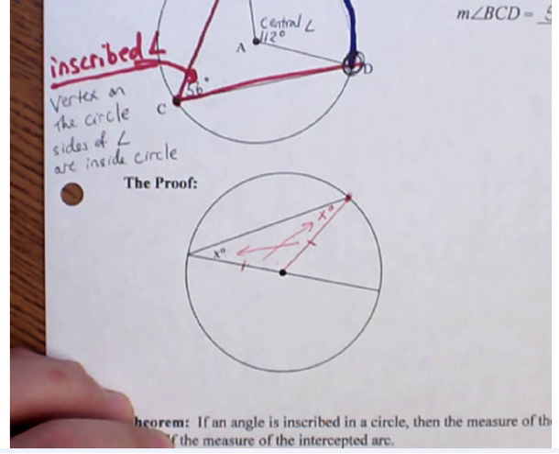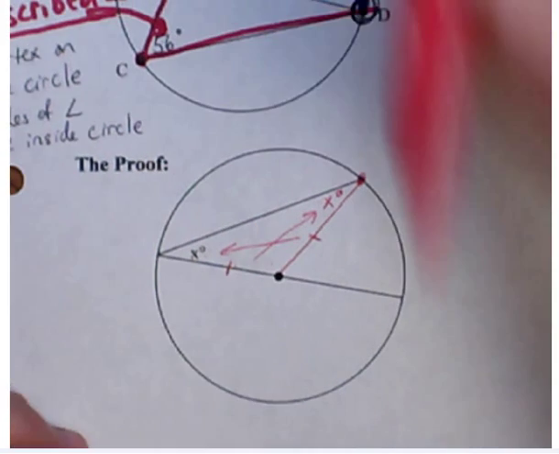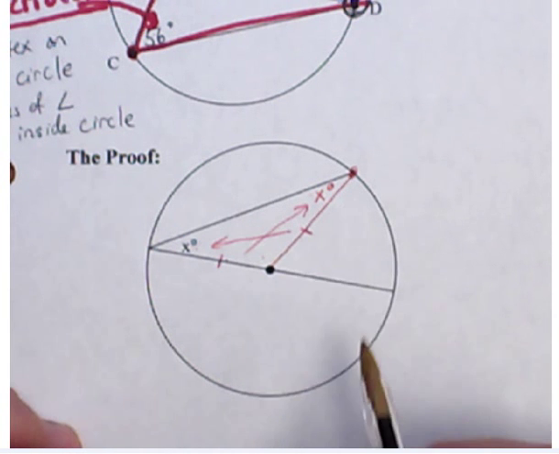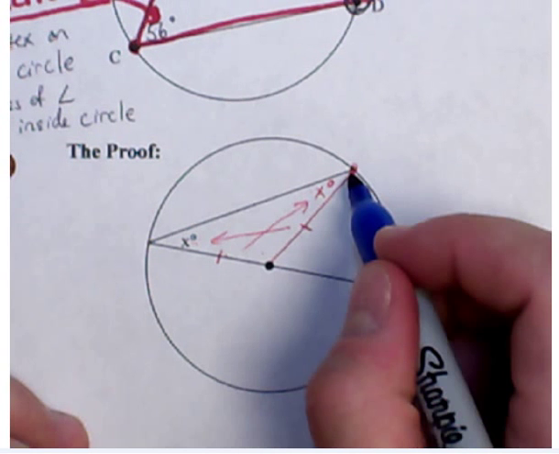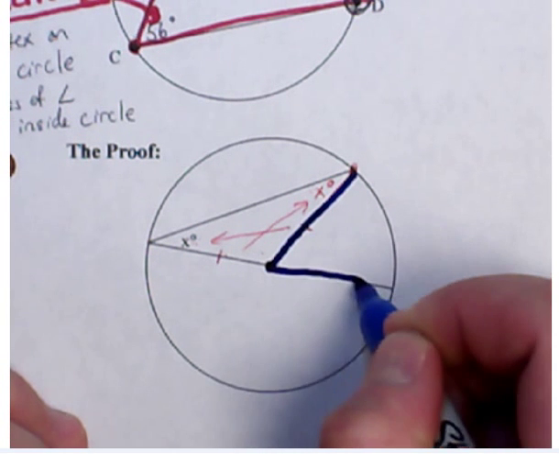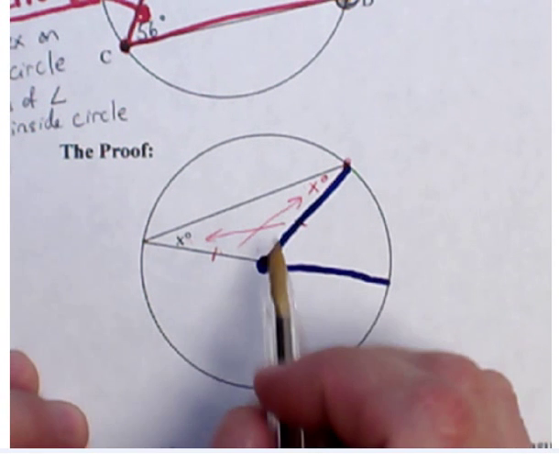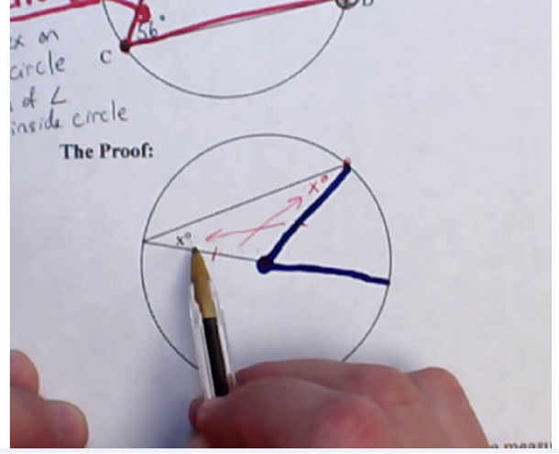All right, now where that leads us is, if this is x, look at the central angle. The central angle is right here, where the vertex is at the center. This angle is an exterior angle to this triangle.